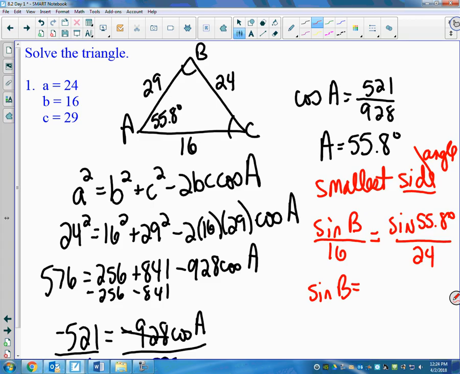So sine of 55.8 divided by 24 times 16 gives me 0.551387. And then I'm going to do inverse sine of 0.551387 to get that angle B equals 33.5 degrees.